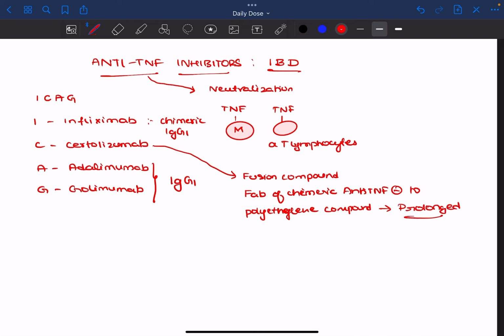So the duration of action will be prolonged due to the attachment of Fab of chimeric anti-TNF inhibitor to the polyethylene compound.